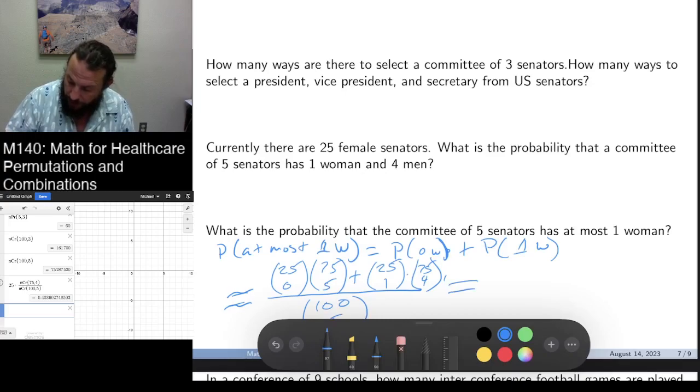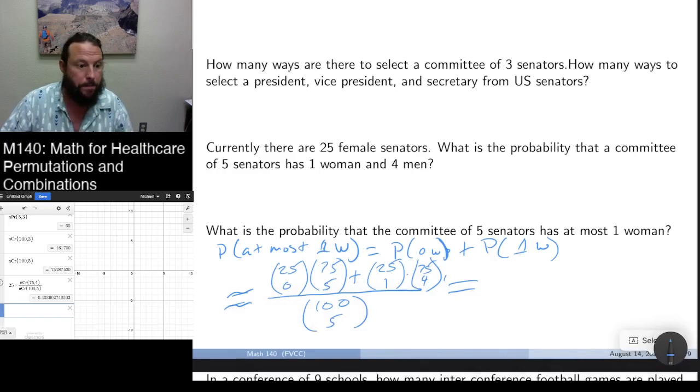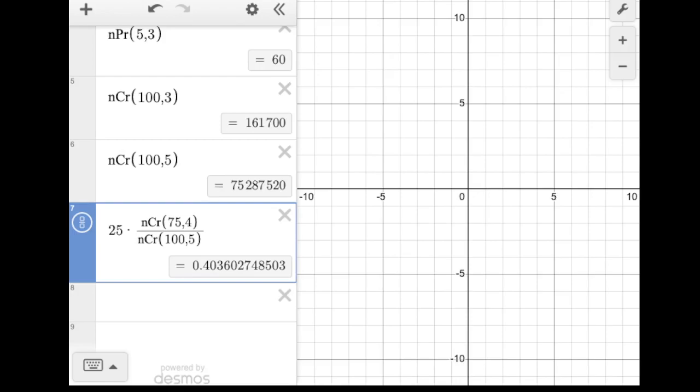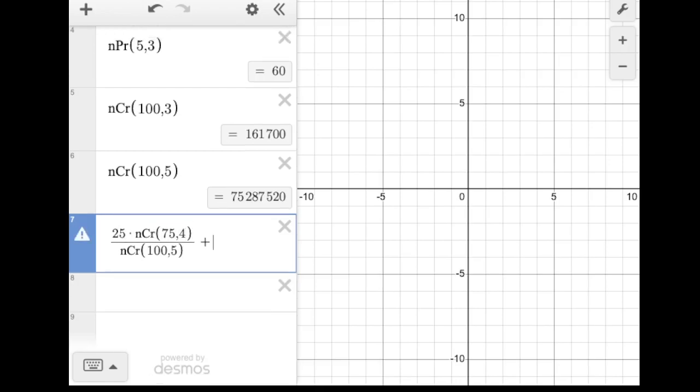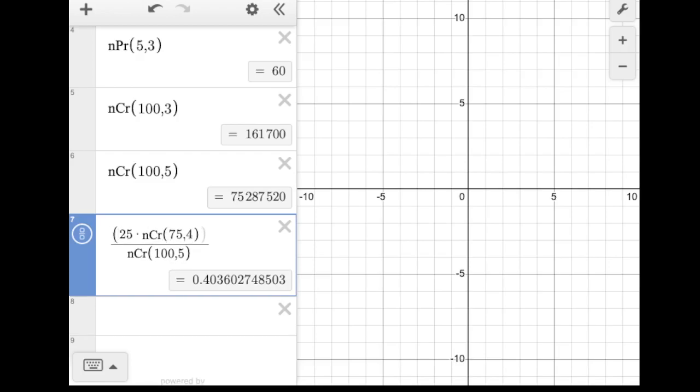How would I calculate that? Let's go to Desmos. I'm going to just use this one. Oh, I want that in there. Just use parentheses here.